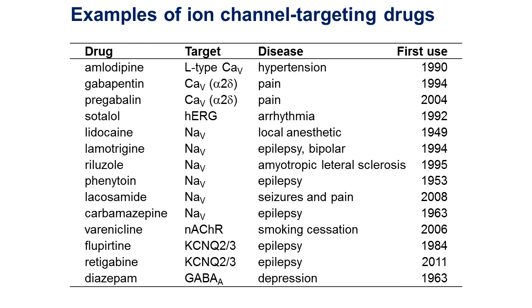So some drugs that target ion channels have been around and used in the clinic for more than 50 years. Others have entered the market or the clinic only more recently. Some target voltage gated channels, some ligand gated channels, and so combined this is a very important class of drug targets.